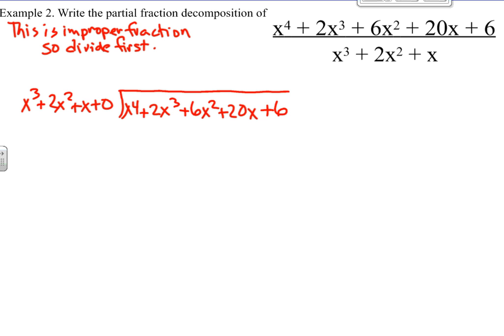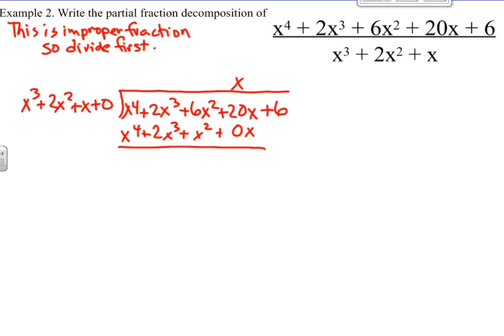And when I divide that, x to the 3rd goes into x to the 4th, x times. So I'll just put the x right there. And then I'll distribute that. That's x to the 4th plus 2x to the 3rd plus x squared plus 0x.